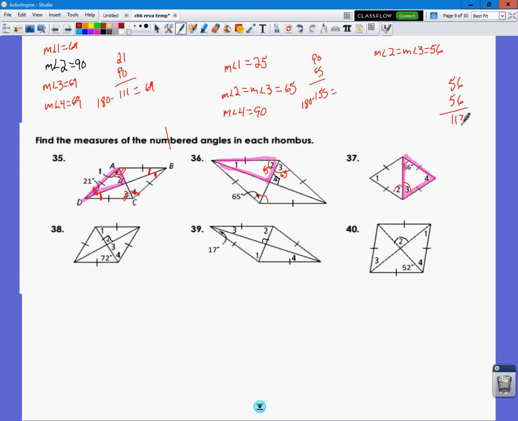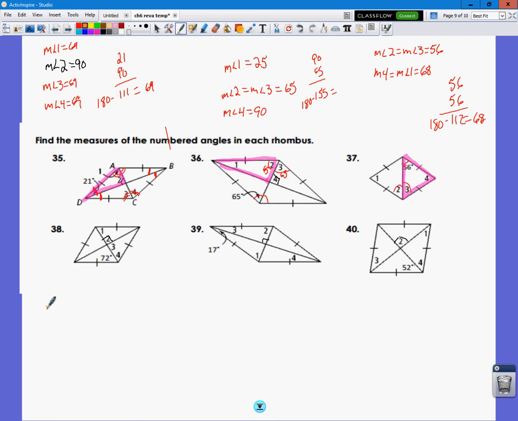I've used 112 degrees of 180 degrees. And that is going to leave me a remaining angle of 68, which means angle 4 and angle 1 are both 68 degrees.